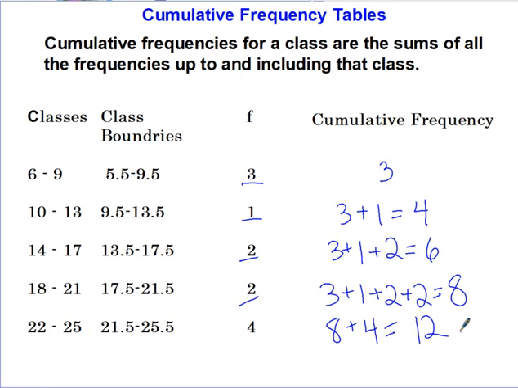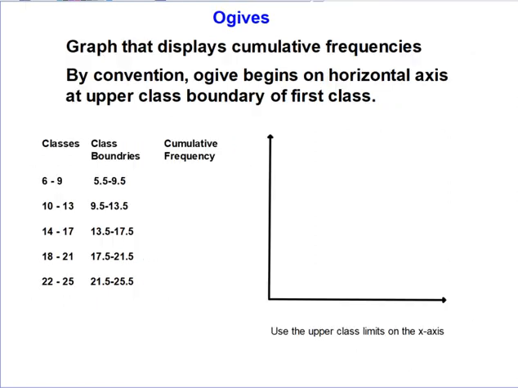So these numbers are going up, and what a cumulative frequency table helps you with is the graph. It's called an Ogive. The cumulative frequencies from before were 3, 4, 6, 8, and 12. On the x-axis, it's no longer the midpoints like it was in the frequency polygon.